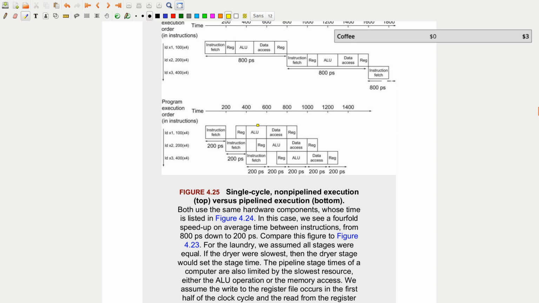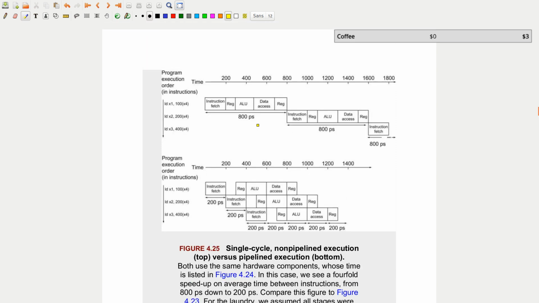So what do we have here? We have a single cycle non-pipelined execution versus the pipelined execution. Here we have a fixed length of 800 picoseconds per instruction, no matter what type of instruction it is. And these are consecutive load instructions. So here, what we can do is overlap them.